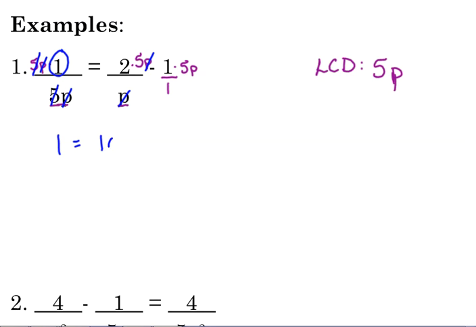So we've got 2 times 5, which is 10. Don't lose that minus. Nothing cancels in that last expression, so we have 1 times 5p, which is, of course, just 5p. So our denominators are gone.